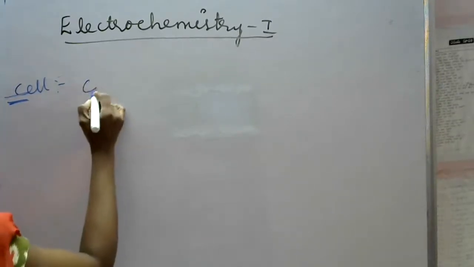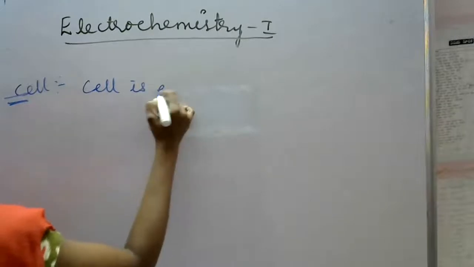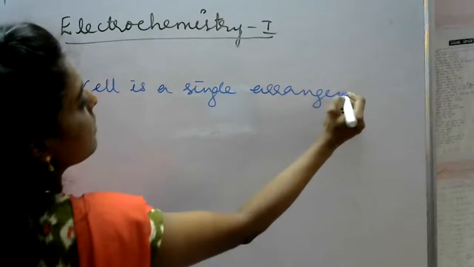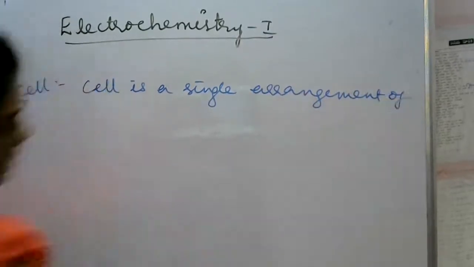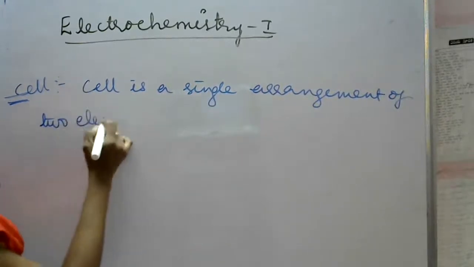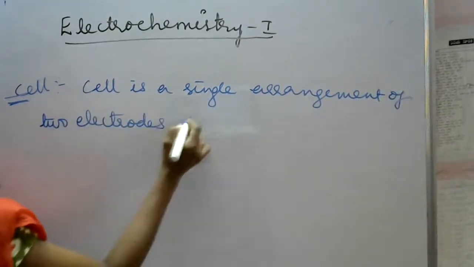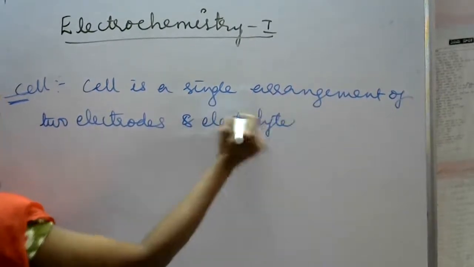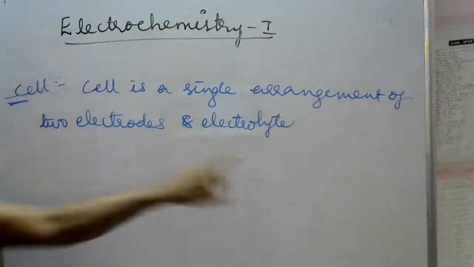A cell is a single arrangement of two electrodes and electrolyte, meaning electrodes are there as well as electrolyte.